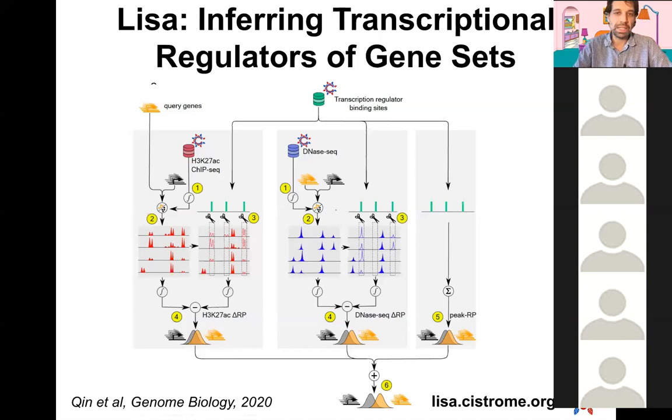So LISA is a step beyond that. In LISA, what we want to do is to use these regulatory potentials in order to infer what the TFs that regulate the genes are.